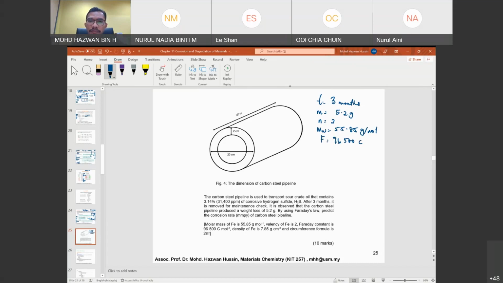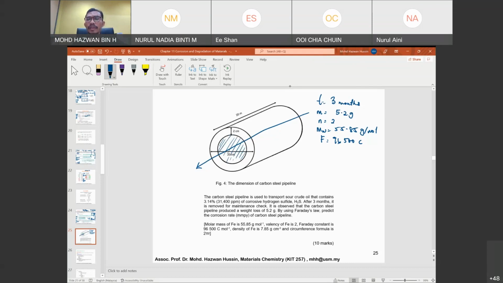If you imagine this is a pipeline, it's a hollow pipeline, not a closed end, so the sour crude oil passes through the inner pipe. So obviously, the corroded part will be the inside of the pipeline, isn't it?